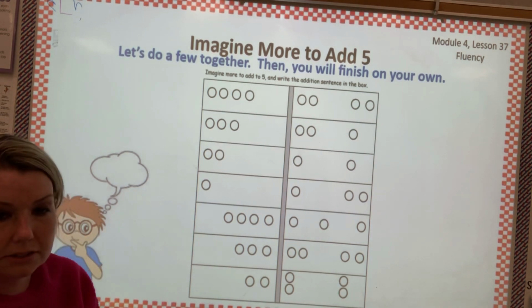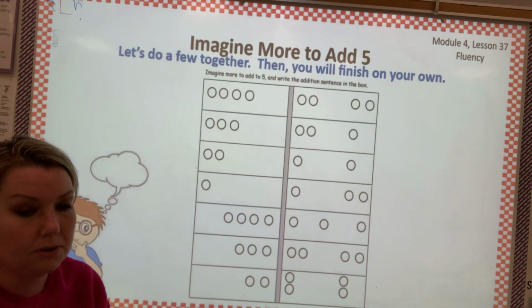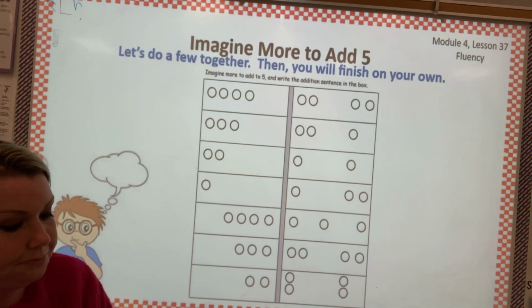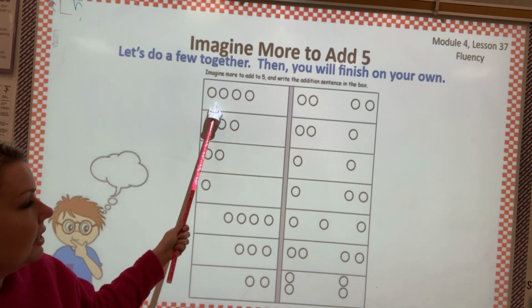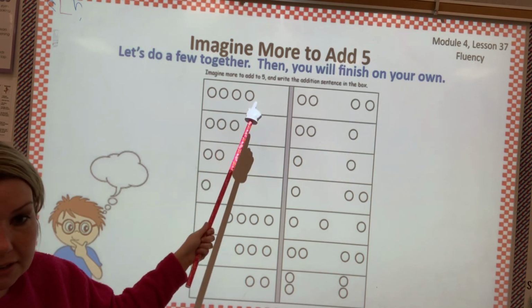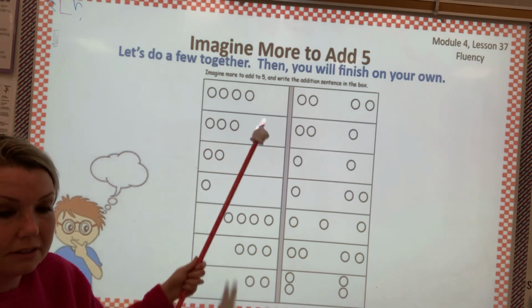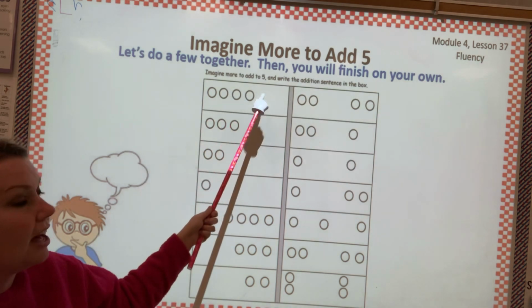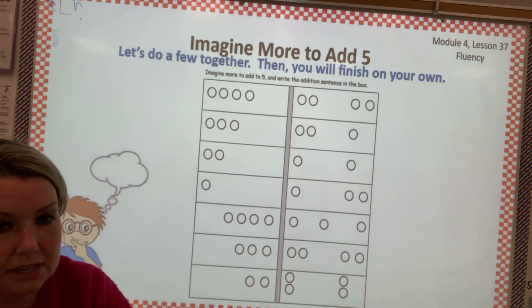Miss Kate? So what they're wanting us to do, hold on, is we're looking at this number and we're putting it in our head. How many dots do you see? 4. Put that in your head, and how many more do you need to see 5?